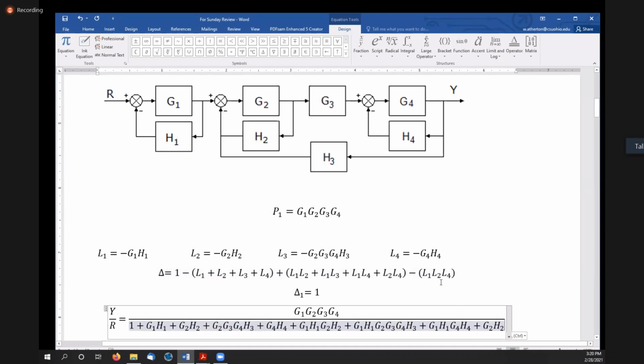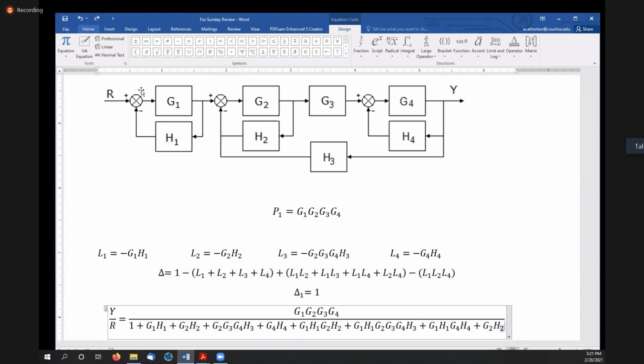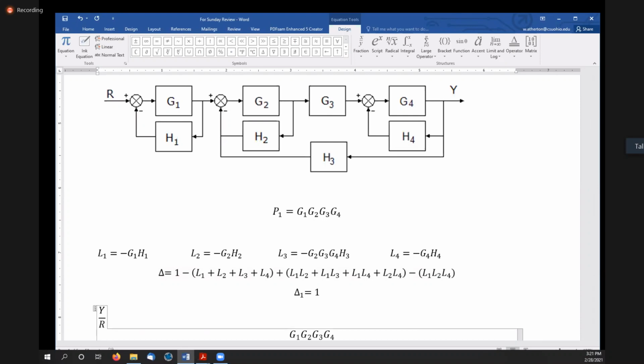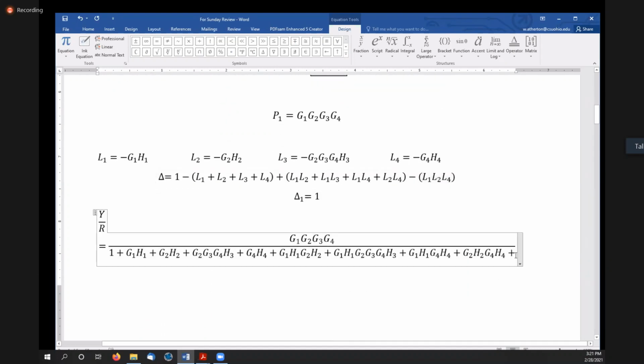It's getting big. And we got one more. We got the loop 1, loop 2, loop 4, out here on the end.